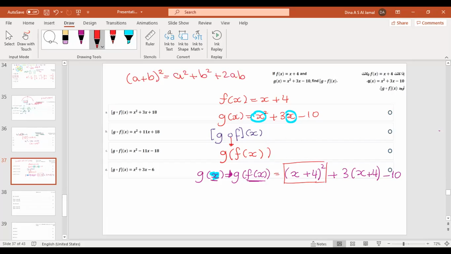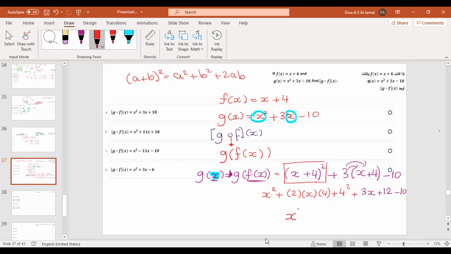Good. So now if I would like to do this, it will be x squared plus 2 by x by 4 plus 4 squared. Then let's do the distributive property. 3x plus 12 minus 10. Now simplify all the like terms.